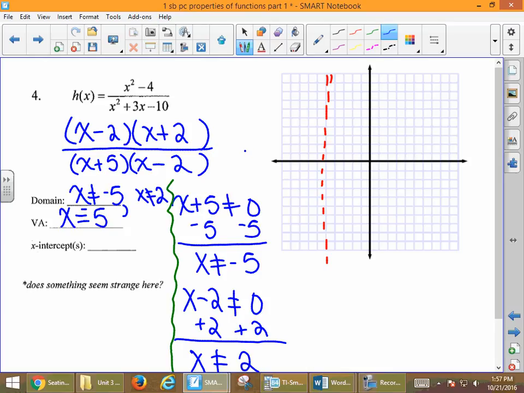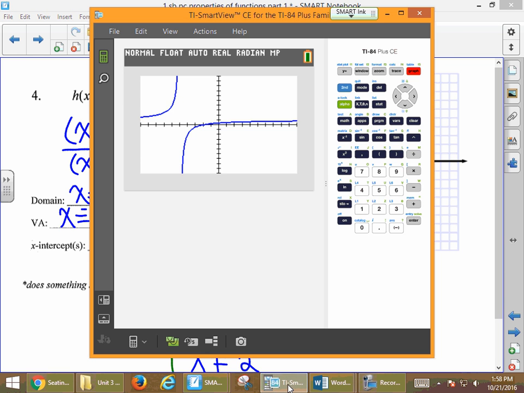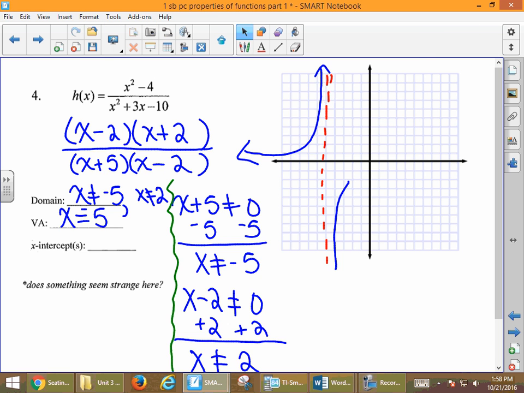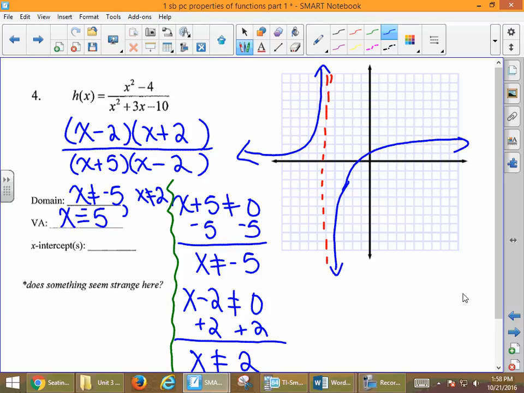We've got something like this, and then something. Now I'm going to look at this here, see if I can see my x-intercept. Something like that for a picture. On this one, maybe we can see the x-intercept and maybe we can't.